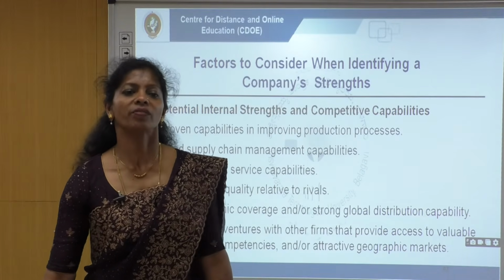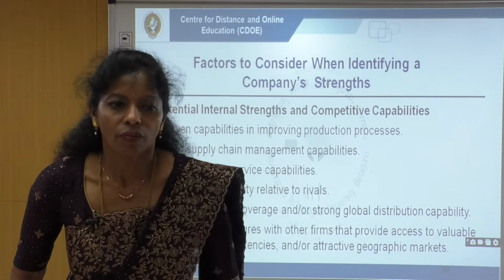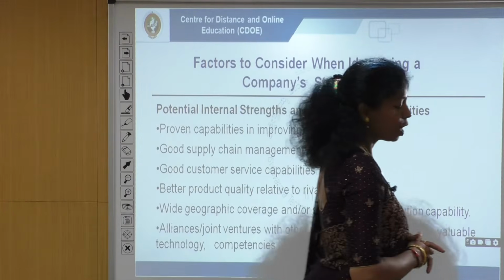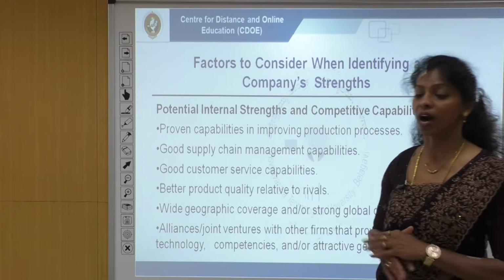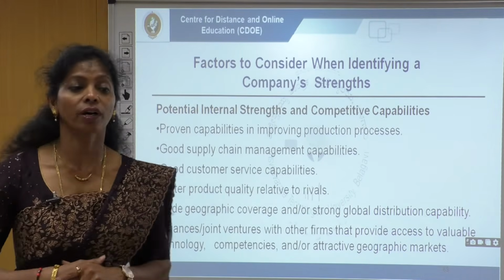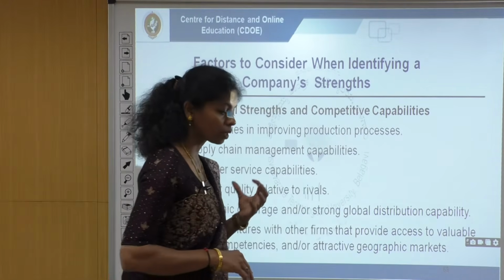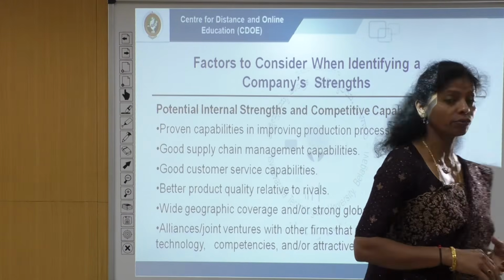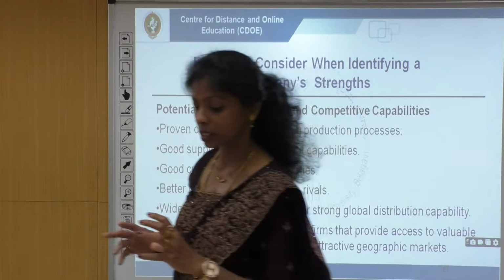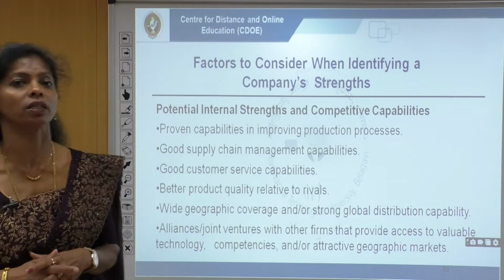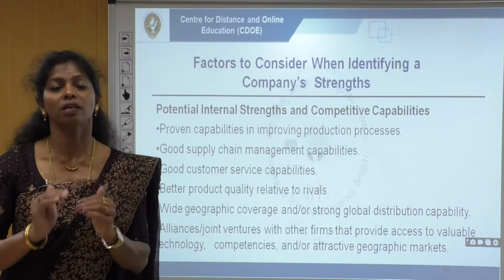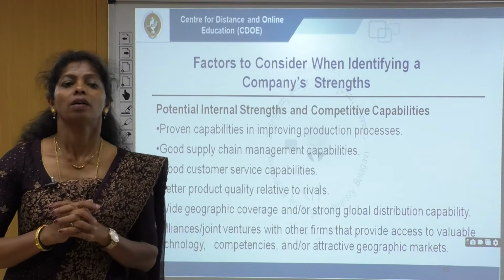Other factors to identify are when you have good supply chain management and delivery, good customer service, a good brand name, updated technology, skilled manpower, and when the firm's product quality is better than the competitors' product quality in terms of cost effectiveness and other quality aspects, then the company has a strength.